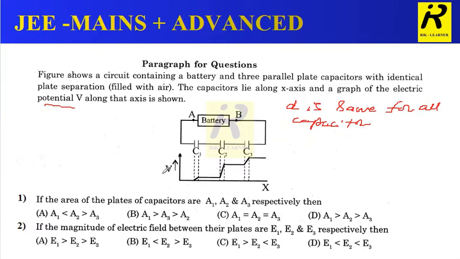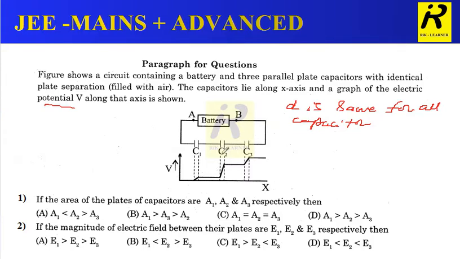The y axis represents the potential and the x axis is the distance. Clearly from this graph we can see the distance is the same. Distance represents the gap between these two dotted lines, so the plates are at equal distances in every capacitor.